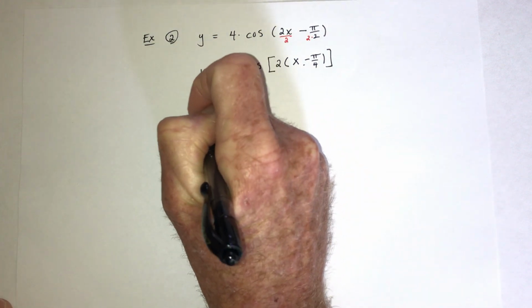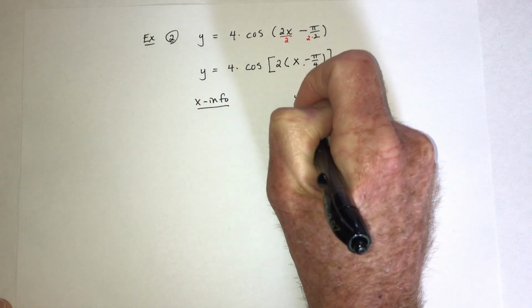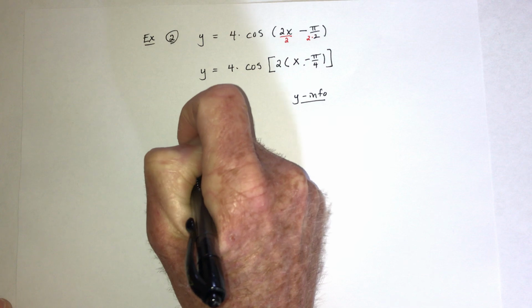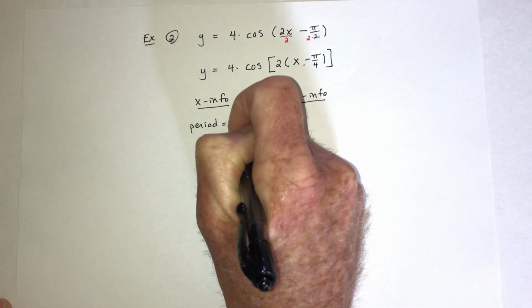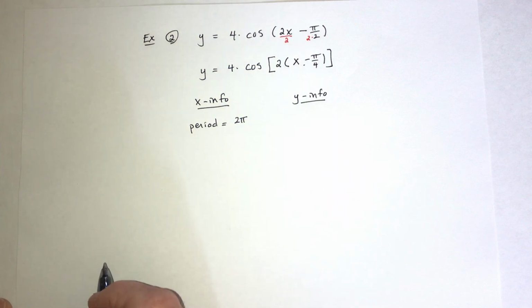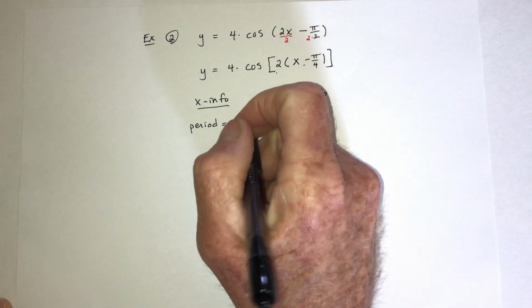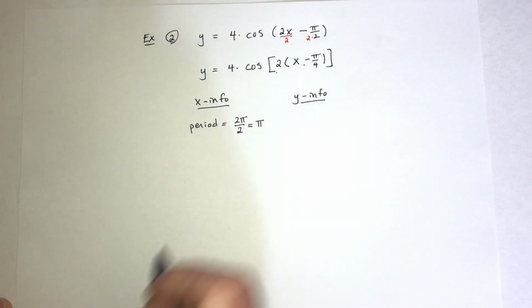All right, now collect all of that information. Here's the x information, here's the y information. First of all, the period. So for cosine, its original period is 2 pi, and then you need to divide by this number. So divide by 2. The 2's will cancel, it just leaves pi.